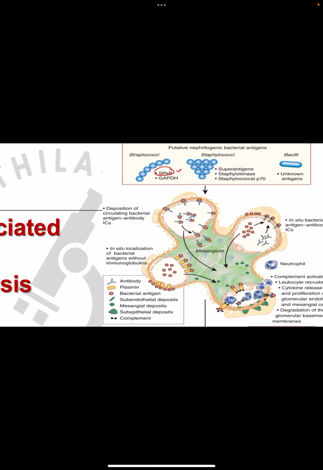So antigen antibody reaction occurs in the circulation, and these antigen antibody complexes will reach the glomeruli, and when they reach the glomeruli, they will reach the mesangium, they will reach the subendothelial areas, and when these complexes get deposited, they will cause the activation of the complement system. I already explained to you in the last lecture how these immune complexes cause the glomerular injury. So they will cause the activation of the complement system.